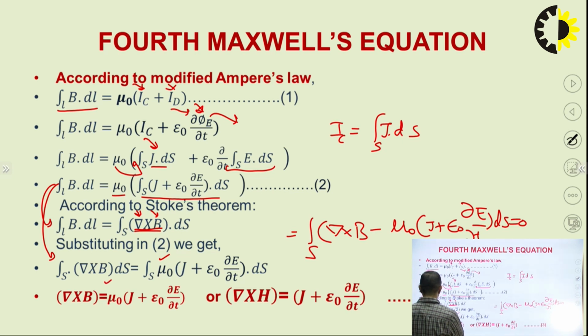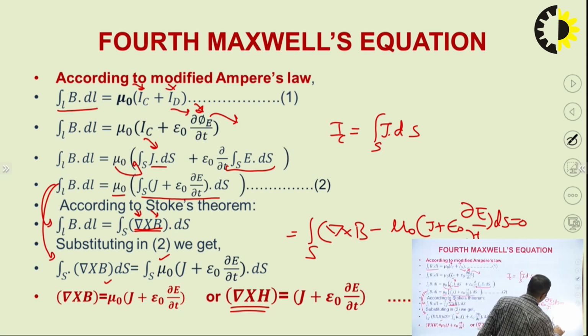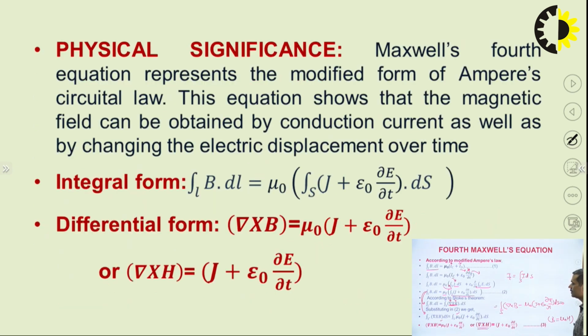So then this becomes del cross B equal to mu naught J plus epsilon naught dE by dt, or in terms of H vector, del cross H equal to J plus epsilon naught dE by dt, because we know that in free space B is related with H vector by the equation B equal to mu naught H.